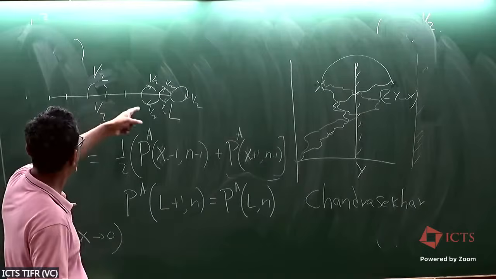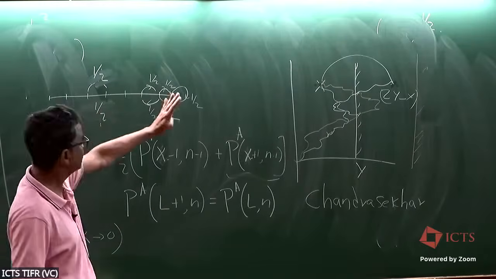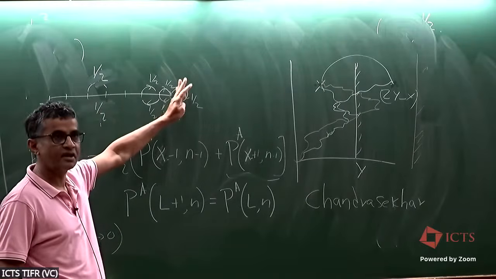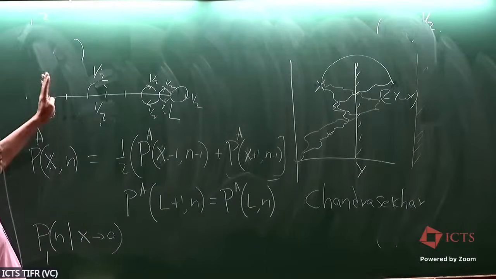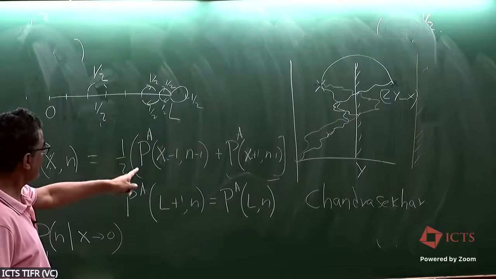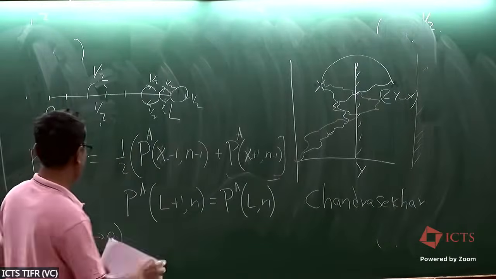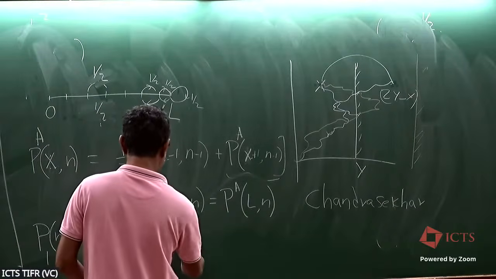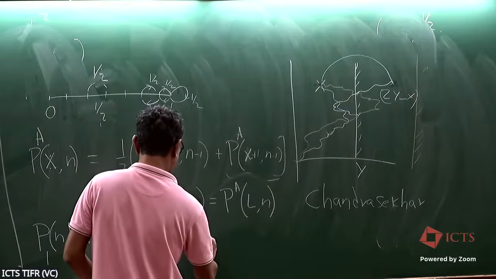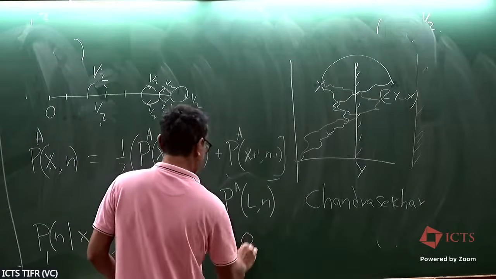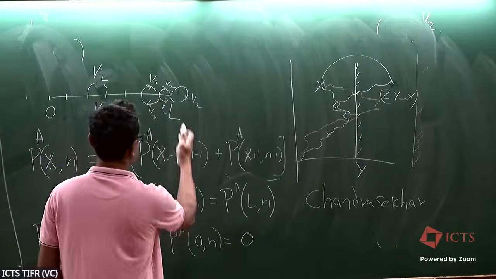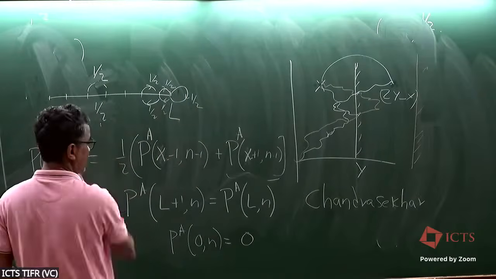Finite lattice just means that there's a reflecting wall here. And now if you want the x to 0 first passage, you have to put an absorbing boundary condition here at 0. So you have to solve this problem with P at 0, n equal to 0. There's a reflecting wall here, an absorbing wall here.